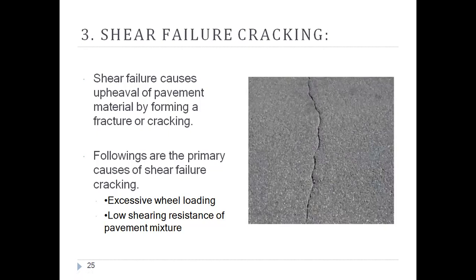These are the primary causes of the shear failure cracking: excessive wheel loading and a low shearing resistance of the pavement mixture. If the pavement cannot withstand the heavy loads of the wheel, the shear failure cracking can be seen.